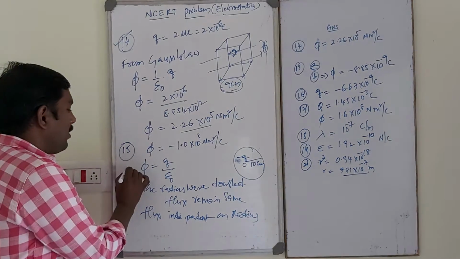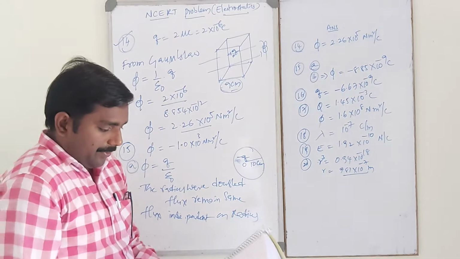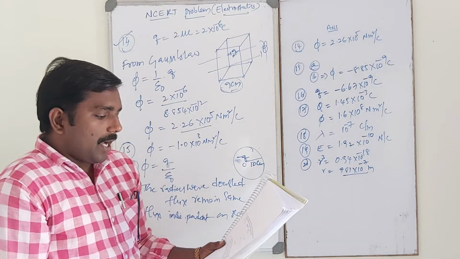So that is 15A. Next, another one. What is B?